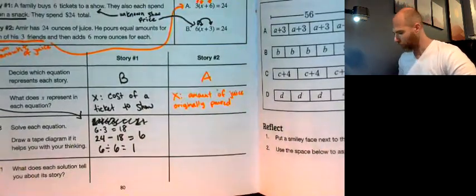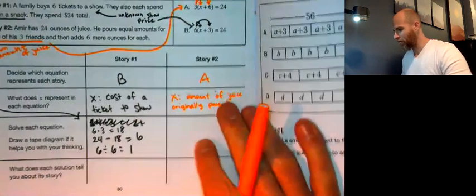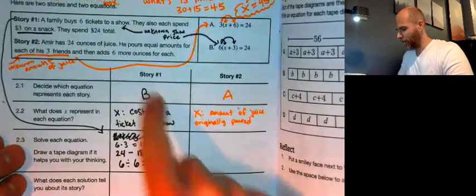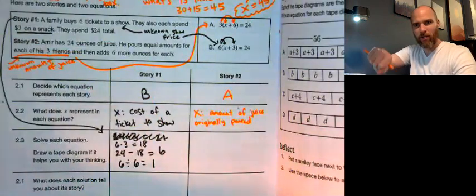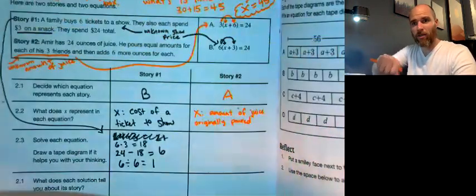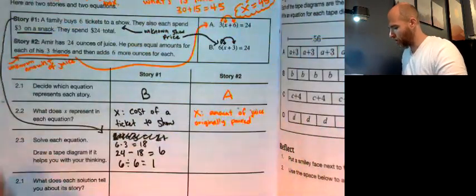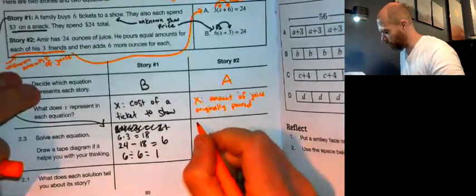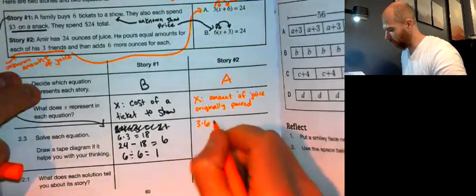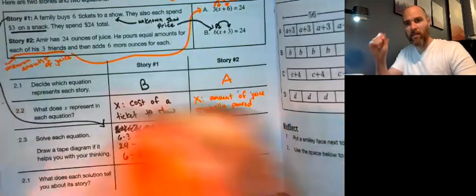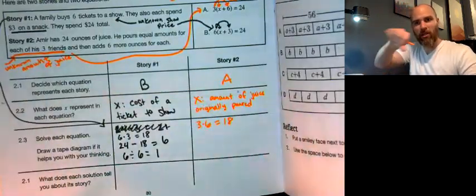All right, let's do the same thing for the juice one. It says he had 24 ounces of juice. He pours an equal amount into each of the 3 cups, and then an additional 6 ounces into those 3 cups. So that's 3 times 6 equals 18. That's for the 6 extra ounces he pours in each of the 3 cups.